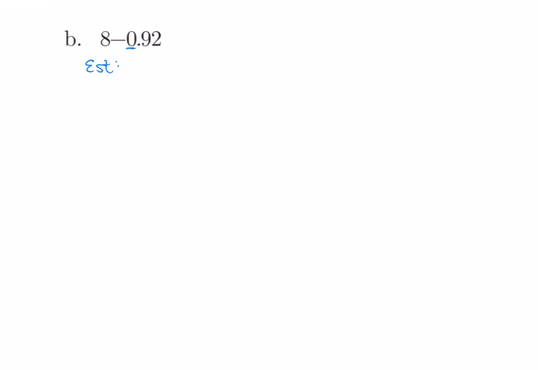And so for instance on this one, 8 will stay the same, it's already just one digit. And they are rounding 0.92 to 1. If we subtract, we get 7. So remember this one, as this is how they are doing it in the book.